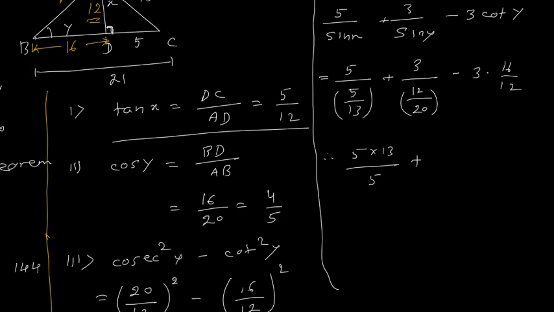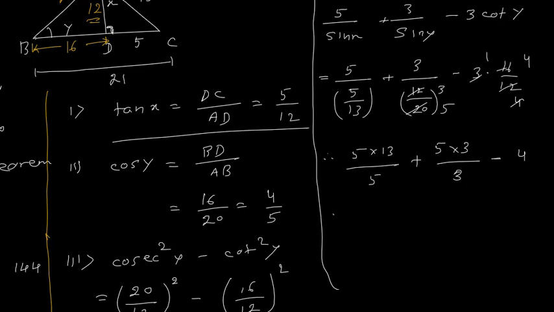Before that we can first simplify. 4 threes are 12 and 4 fives are 20. So it is 5 into 3, whole divided by 3. So this 3 will cancel, minus 3 into 16 upon 12, which is 4.